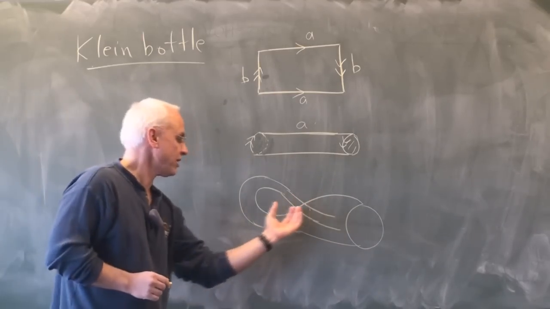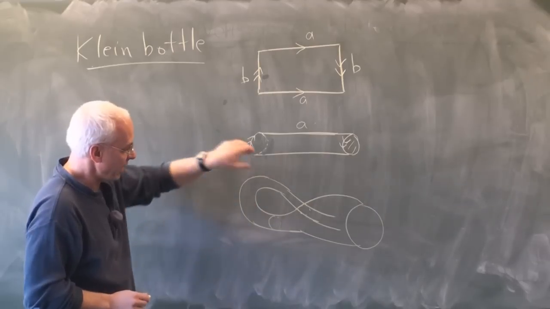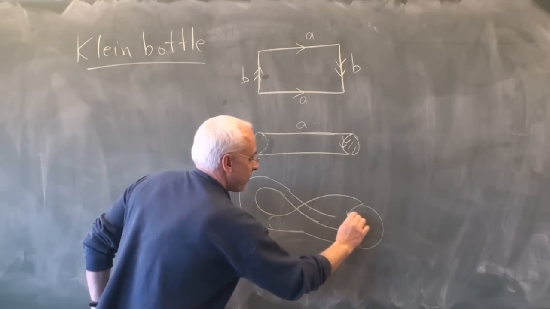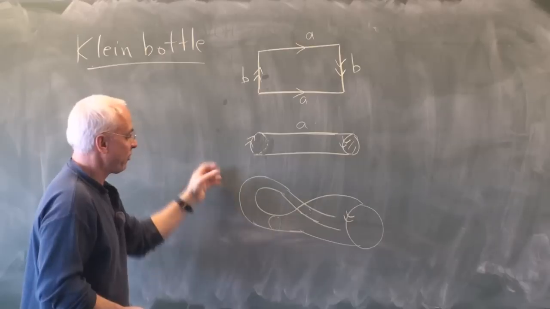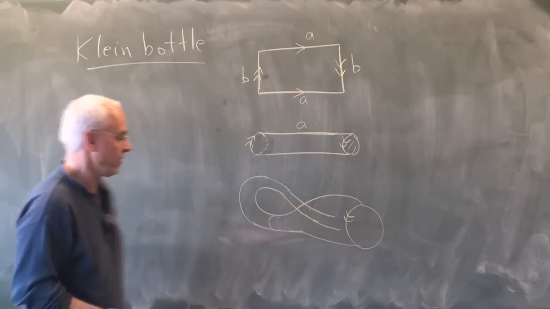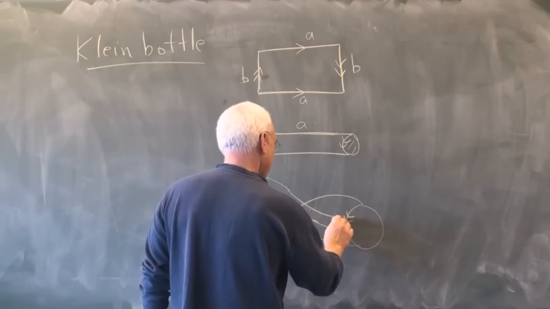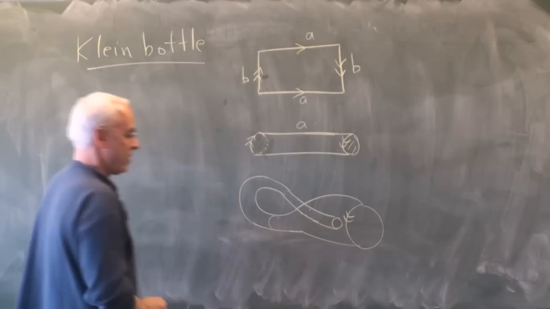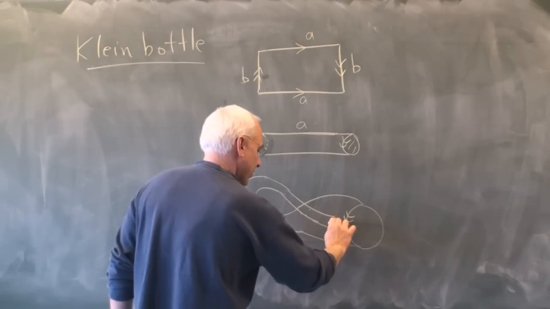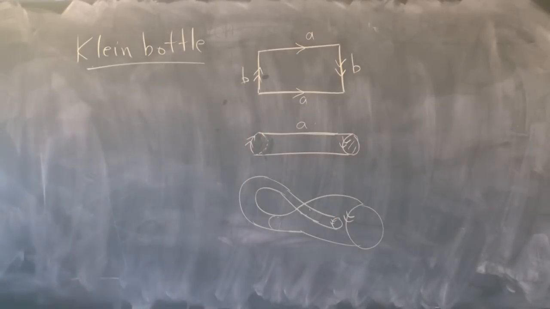You kind of just have to imagine this tube, we're making it longer, and then as we bring it through itself, now this thing is like this. Can you see that?